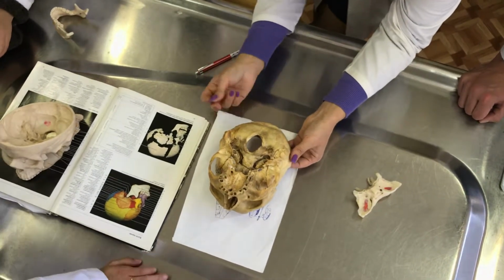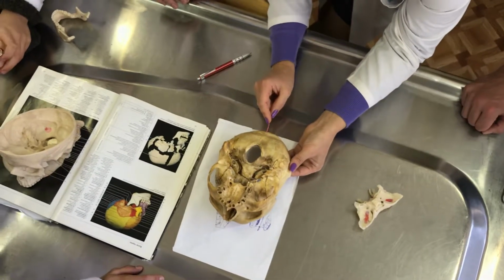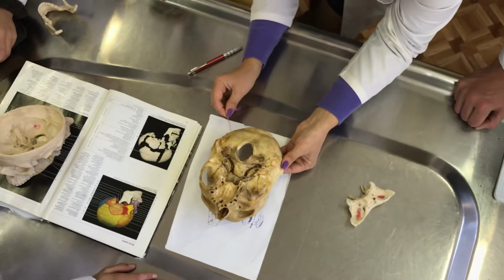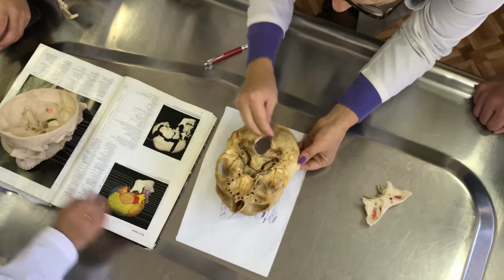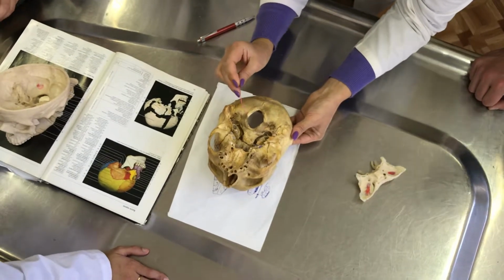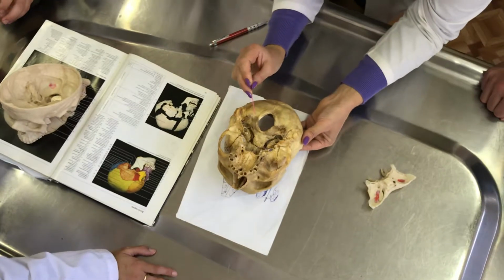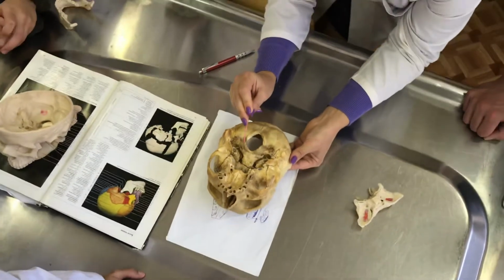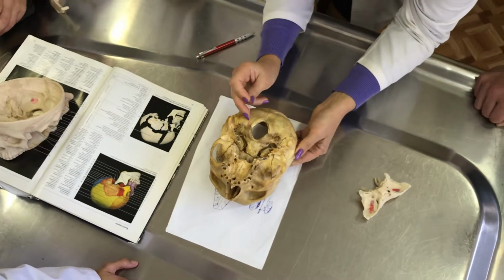This one, external occipital crest. Superior, inferior nuchal lines. This one, foramen magnum. This one, condylar fossa. This one, occipital condyle. In the fossa, condylar canal.